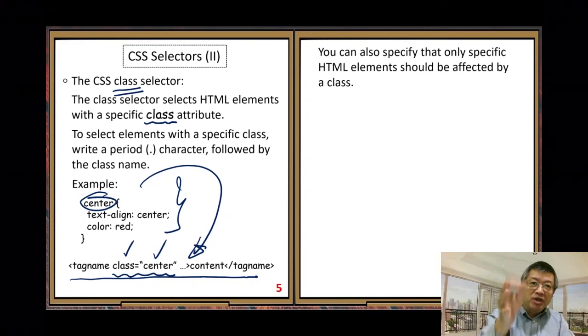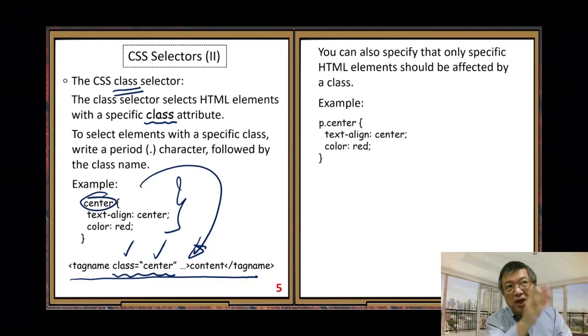You can also specify that only specific HTML elements should be affected by a class. Here, when we define a selector, we can combine some of the types we just discussed. Let's look at one example here. P dot center. What's the meaning of that?